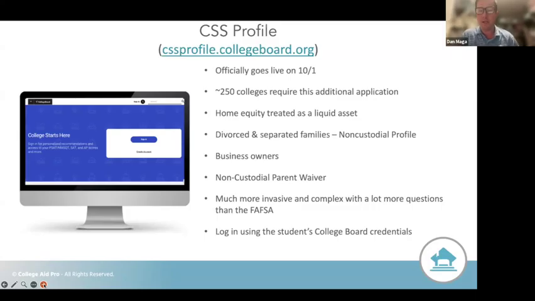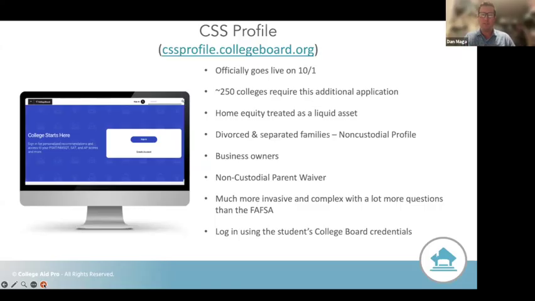If the non-custodial parent is unable to complete the CSS, well, I shouldn't say unable, but them just not wanting to submit the form is not going to appease the college. You can get a non-custodial parent waiver, but to do that, you're going to have to basically prove there's no contact between the student and the parent. There might be some abuse situation. You're going to have to get information from a third party.